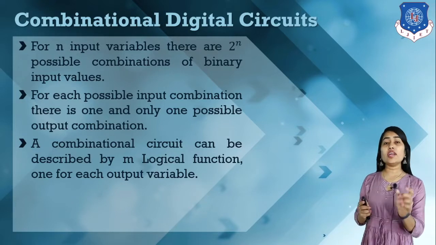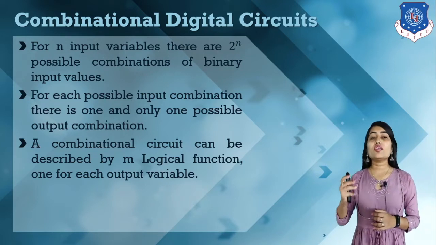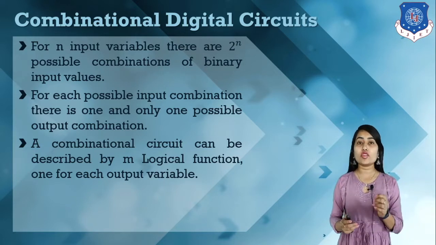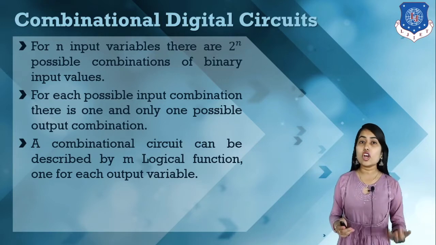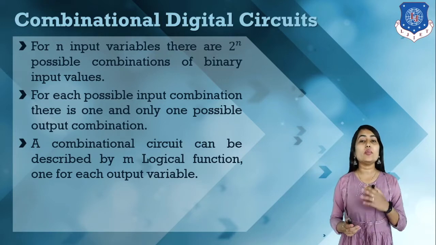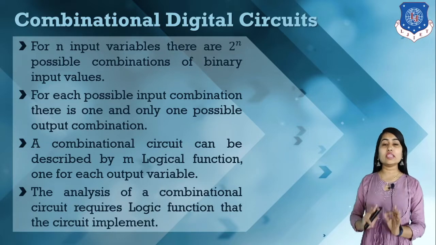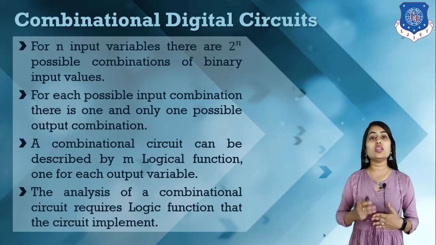For each and every output we can write output equations, or logical functions, for any combinational digital circuit. So the analysis of the given combinational digital circuit can be done using logical functions.